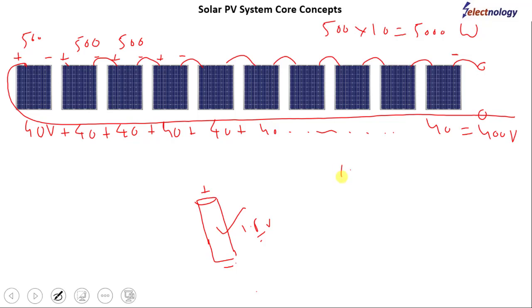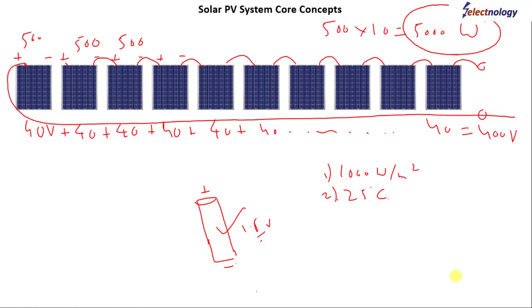Hence, two conditions: 1000 watt per meter square of sun energy is being received, and the PV module temperature is 25 degrees centigrade. In that case, this combination of PV modules shall produce 5000 watt for 1 hour, or 5000 watt hours, or it shall be 5 kilowatt hours, meaning 5 energy units shall be produced.